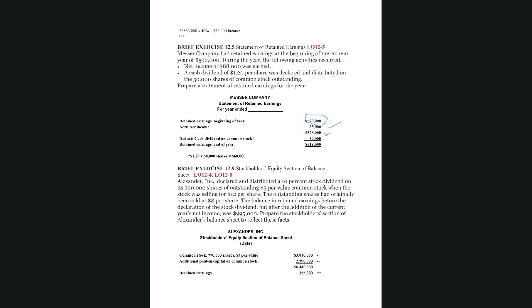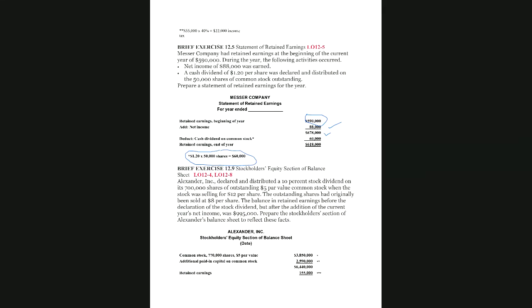Now is when it gets tricky. Here we're told that a cash dividend of $1.20 per share was declared and distributed on the 50,000 shares of common stock outstanding. Now, what you have to remember is that here I'm told it's a cash dividend.